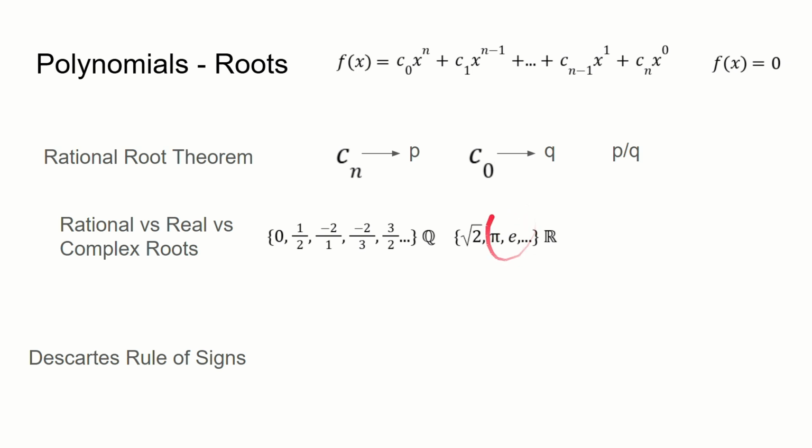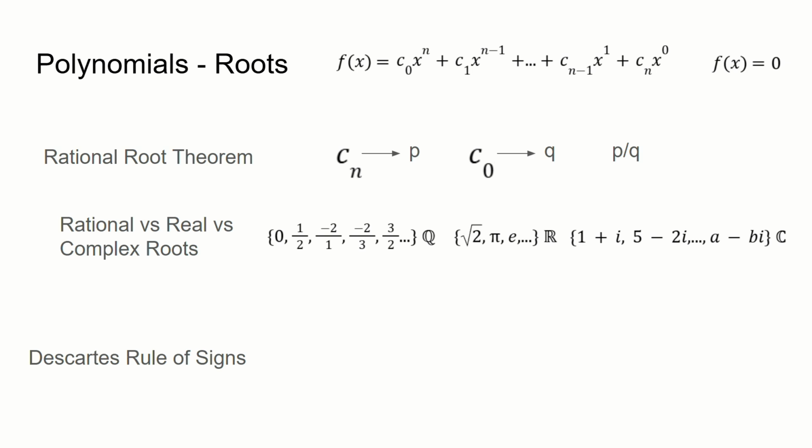But pi and e are unique real numbers, as they can't be the solution. That's why these are called the roots, because they are the root of polynomials. And then complex numbers have an imaginary and a real component. Imaginary numbers with zero real component can also be solutions to polynomials.